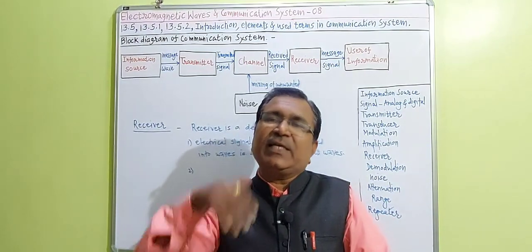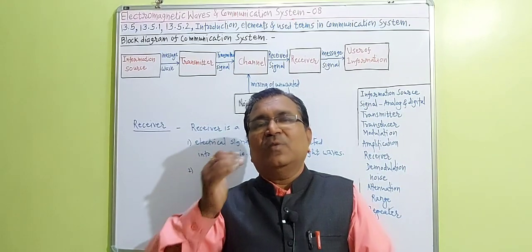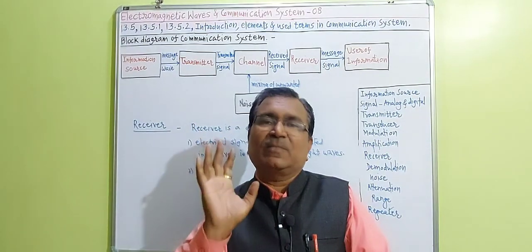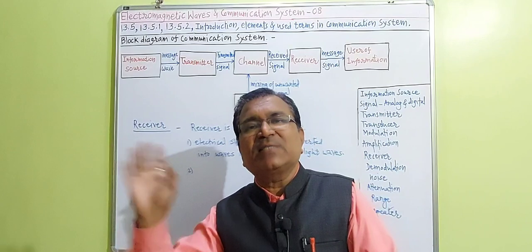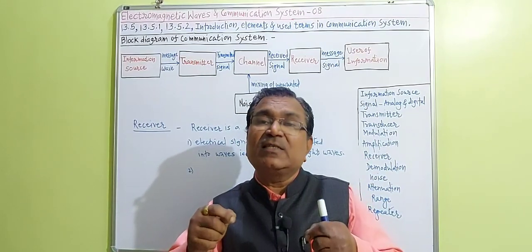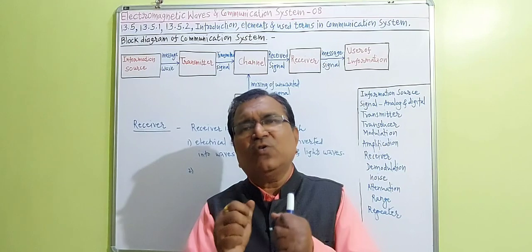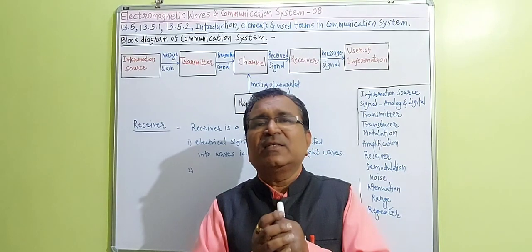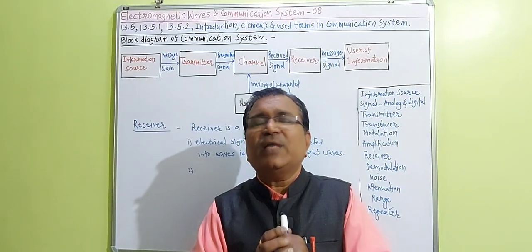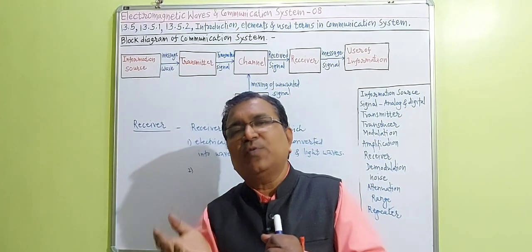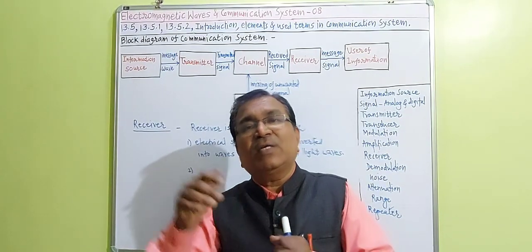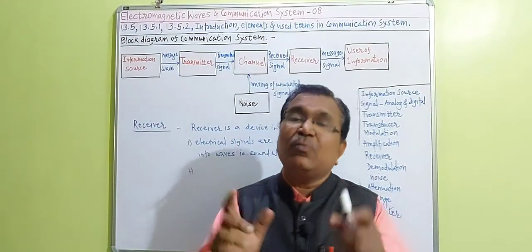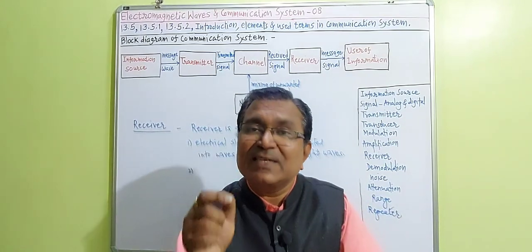So the process of reconverting from high frequency to low frequency, we call demodulation, because modulation is done in the transmitter and demodulation is done in the receiver. It is the reverse of the modulation process, dear student.